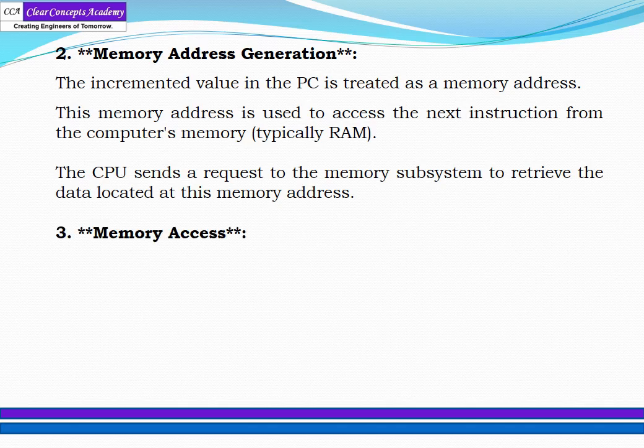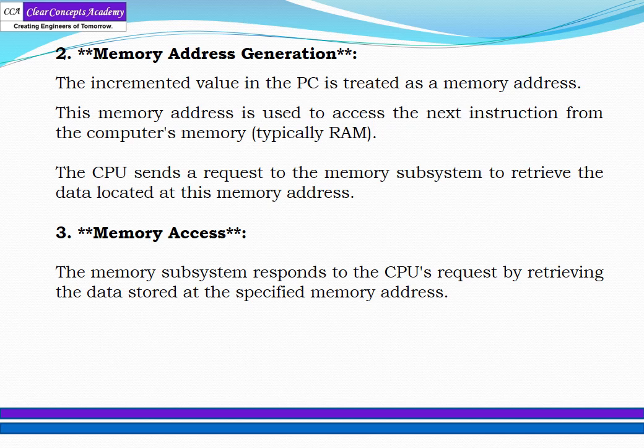Memory access. The memory system responds to the CPU's request by retrieving the data stored at the specified memory address. Once the address is taken from the program counter and the signal is given, the data will be retrieved from that specific memory address.